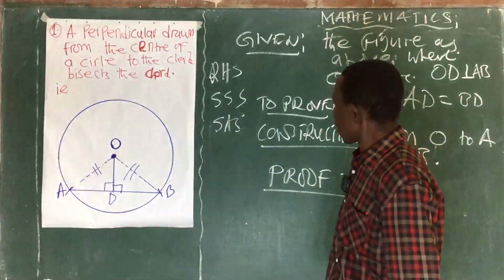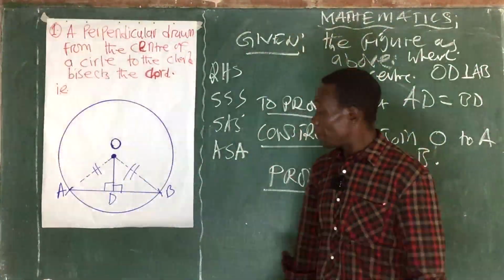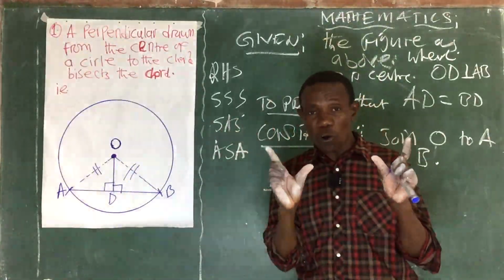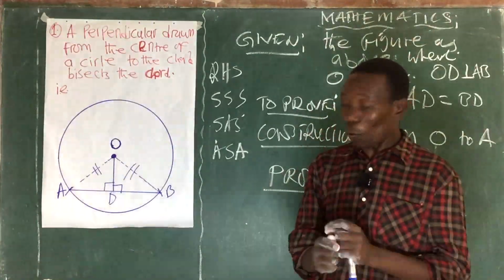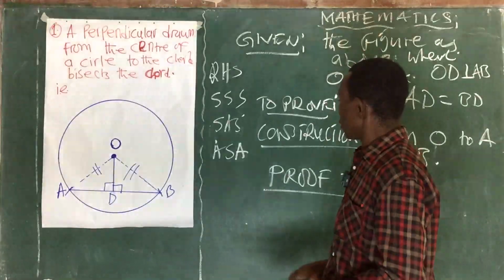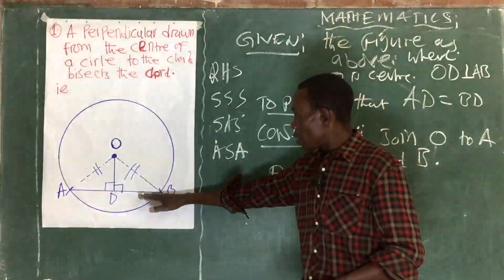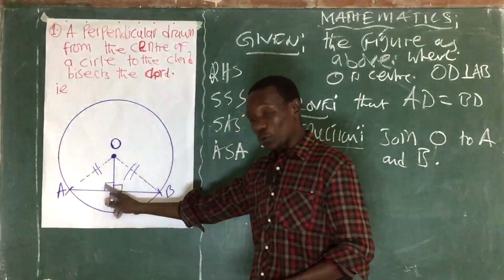Right. The last one, you talk of what? Angle, side, angle. If 2 pairs of corresponding angles are equal, and 1 pair of corresponding sides are equal, in any 2 given triangles, then you should be able to expect that the triangles are congruent. So in our case here, you can see that our triangles contain a right angle.